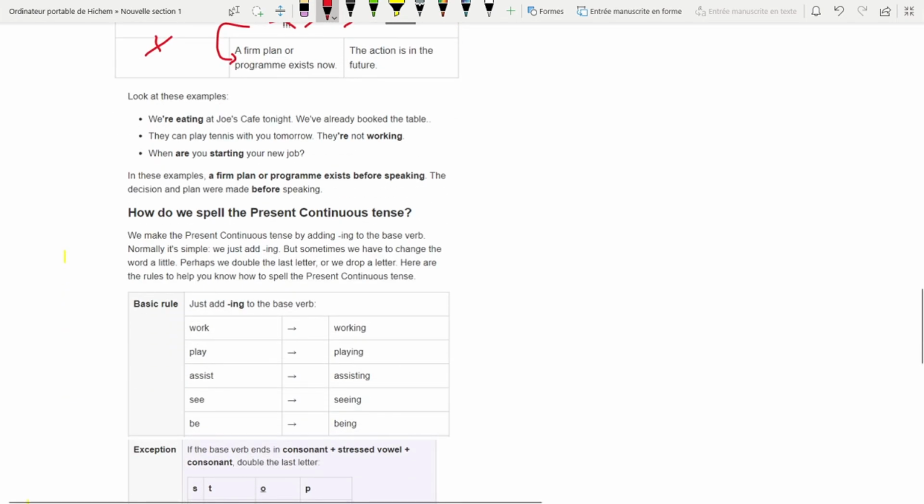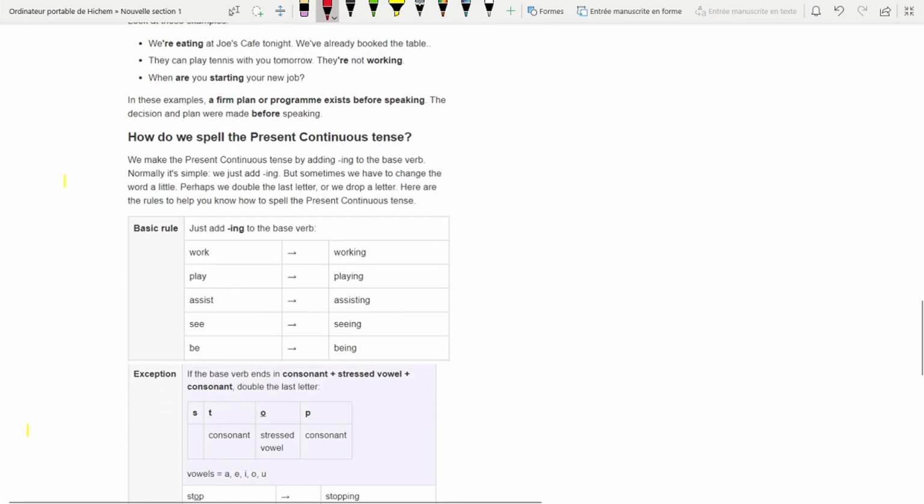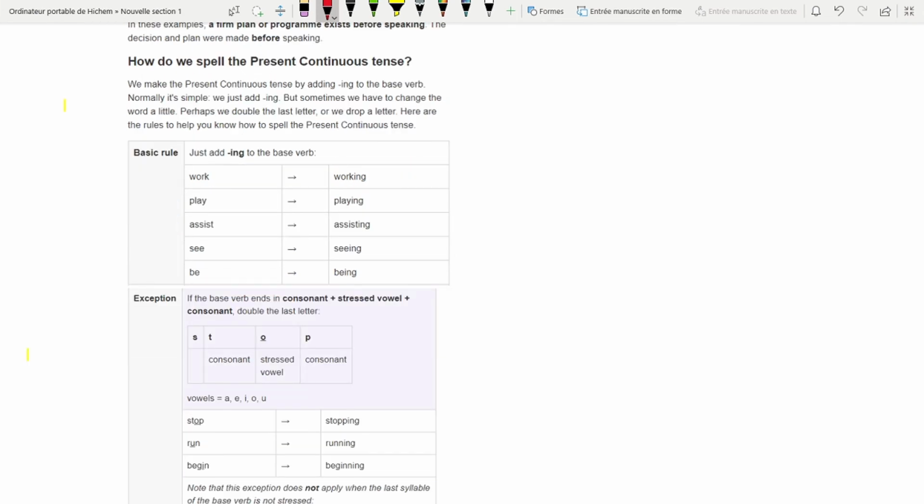Now, how do we spell the present continuous tense? We make the present continuous tense by adding ing to the base verb. I have already explained what we mean by the base verb. Normally, it's quite simple. We just add ing, but sometimes we have to change the word a little. There are some exceptions, okay?